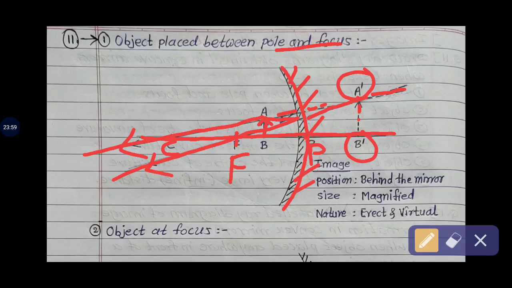The image is formed behind the mirror. Image formed behind the mirror means the nature is erect and virtual. Erect and virtual. And check, the size of the image is magnified. So you write down these three points: position, size, and nature of the image below the diagram. Clear, all of you? Next.